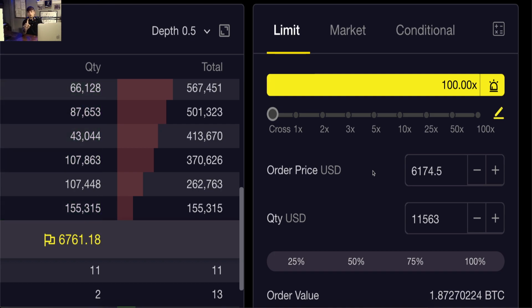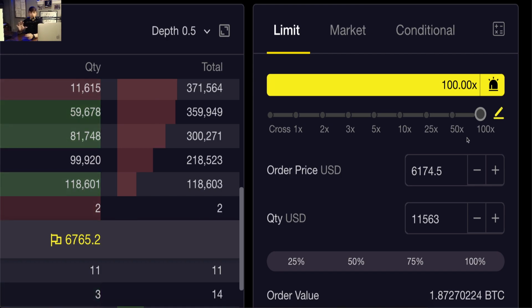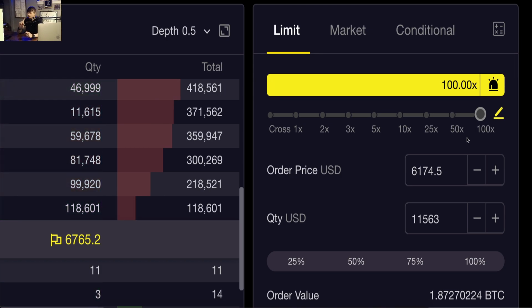So let's say you think Bitcoin is gonna go up. You have your 1 Bitcoin and you're holding it, and Bitcoin goes up, let's say $700. So you profited $700. Now with Bybit and leverage, let's just say we're going to go to the riskiest thing, 100x leverage. Now Bybit is allowing you to trade with 100 Bitcoin instead of 1 Bitcoin.